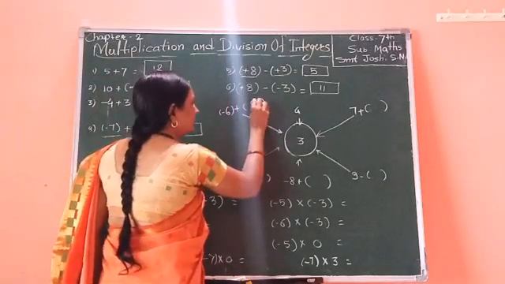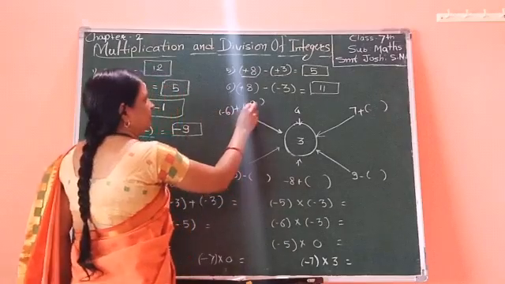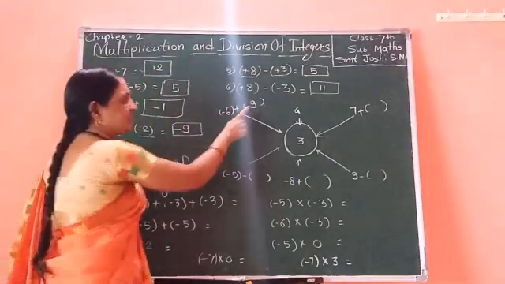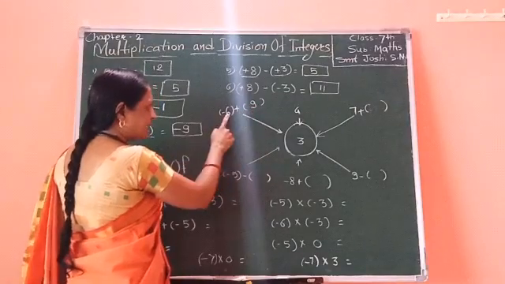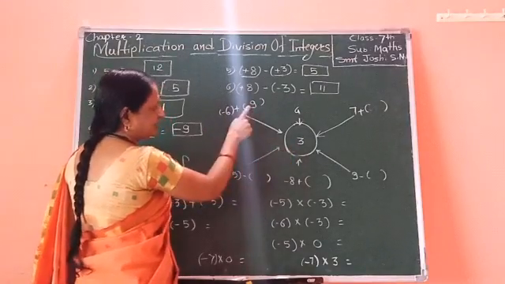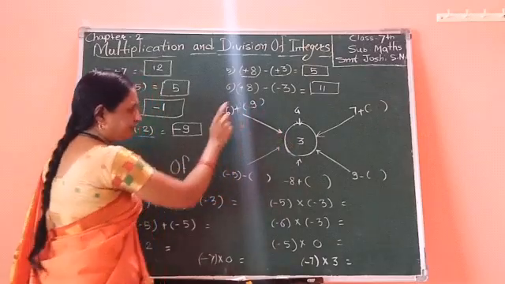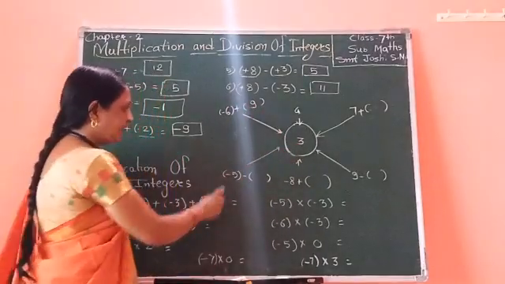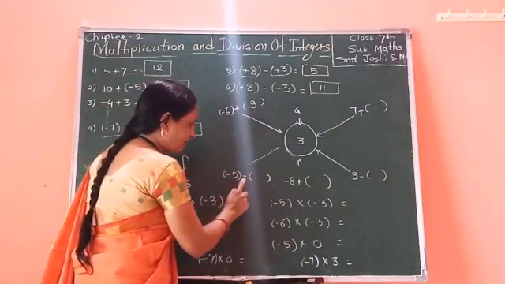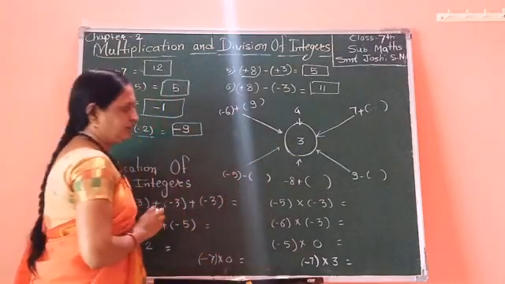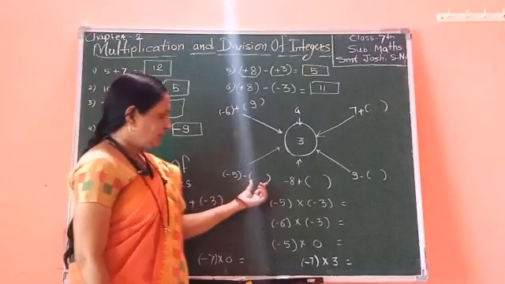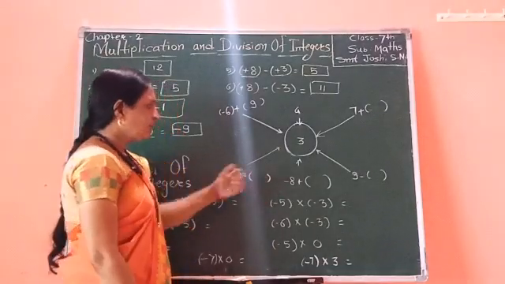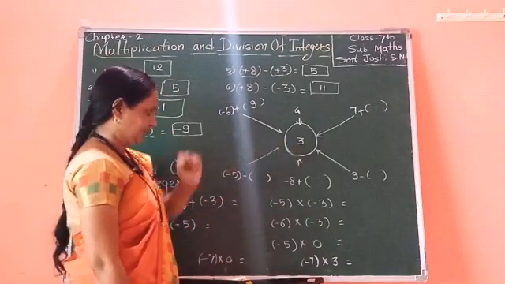Here the number is 9. 9 minus 6 is 3. And we get the answer 3.